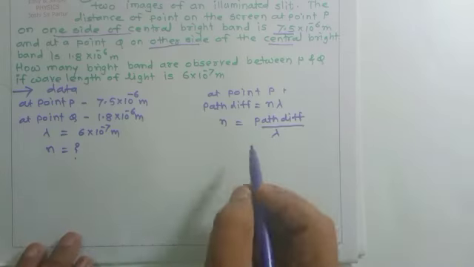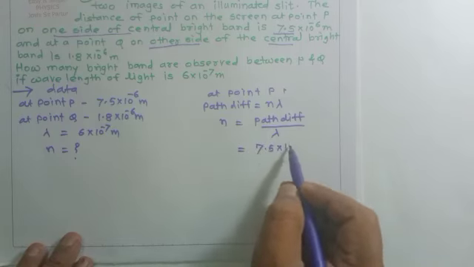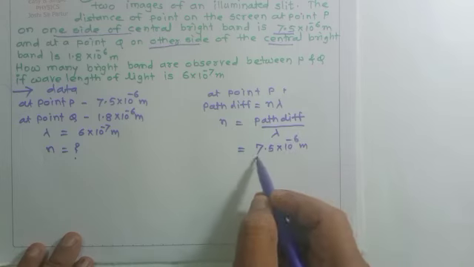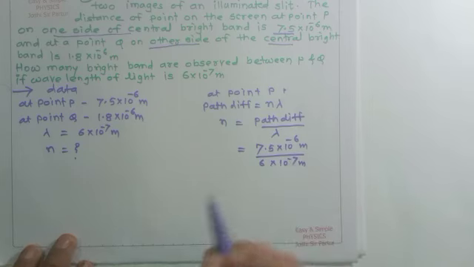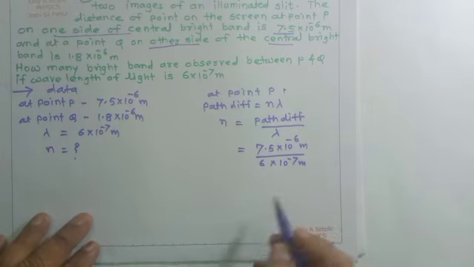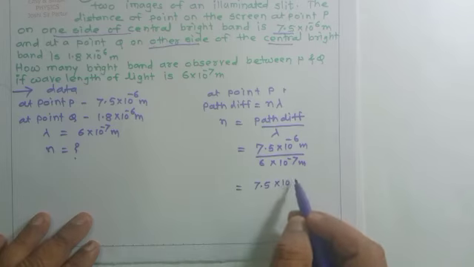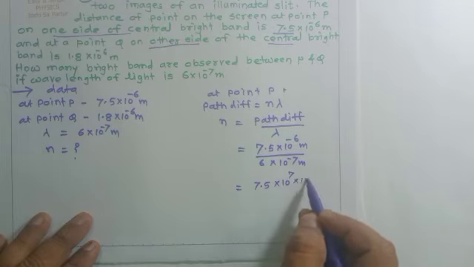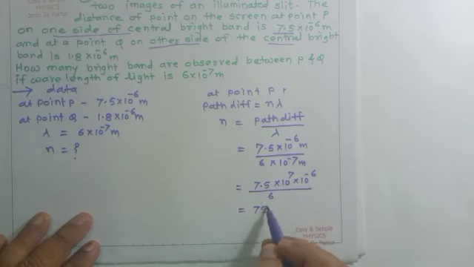If we substitute at point P, the path will be 7.5 into 10 to the power minus 6 meter upon 6 into 10 raised to minus 7 meter. The minus 7 is shifted to the numerator, so it will be 7.5 into 10 raised to 7 into 10 raised to minus 6 upon 6. So it is 75 upon 6.